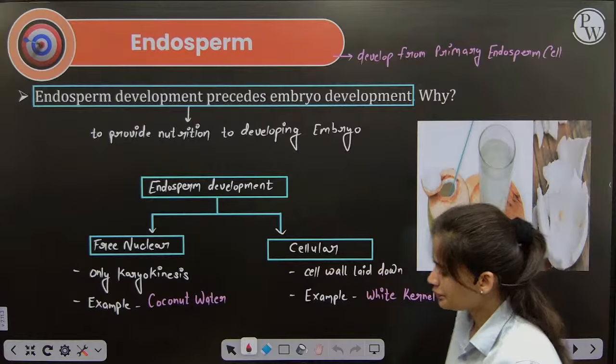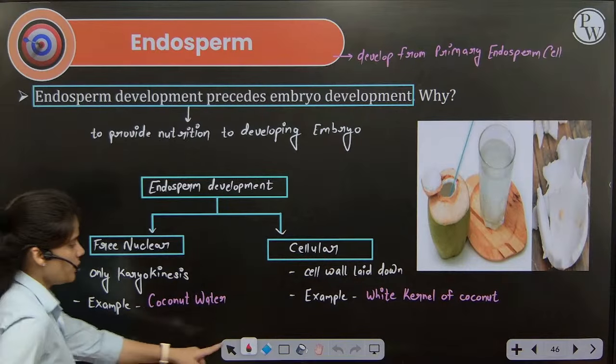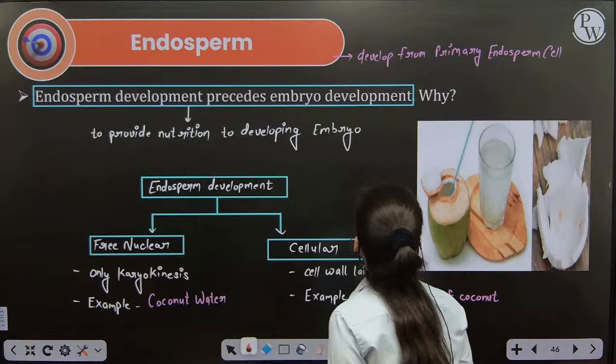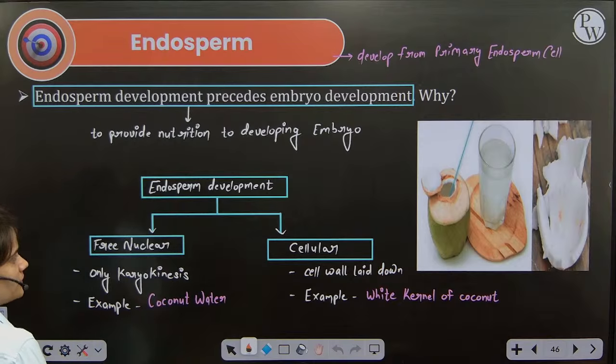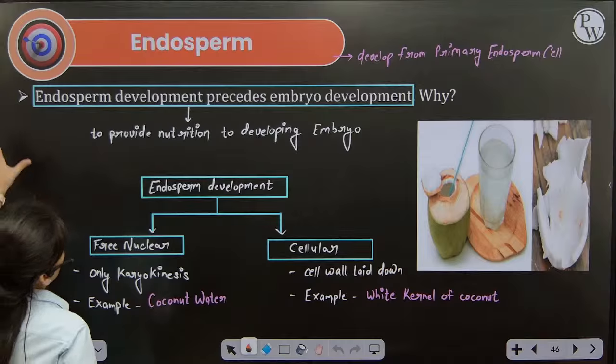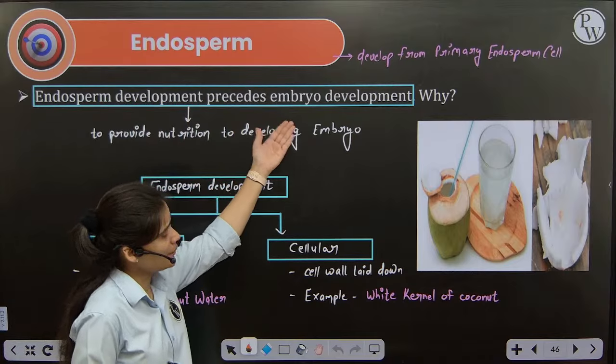Next, endosperm. So basically what happens? Endosperm develops from the primary endosperm cell. Can you please tell me why the endosperm development precedes embryo development?